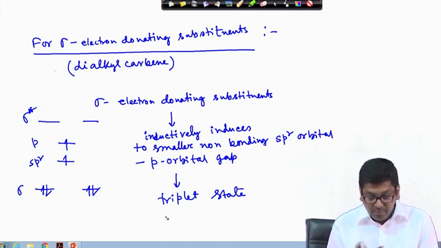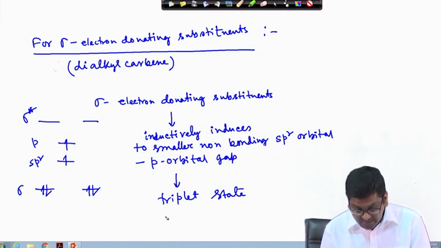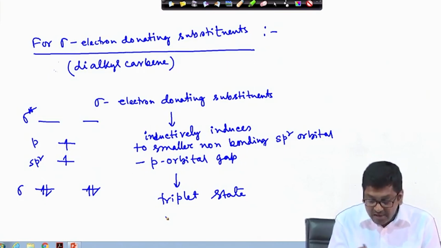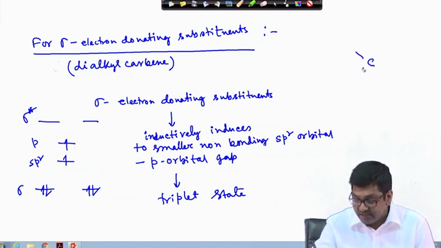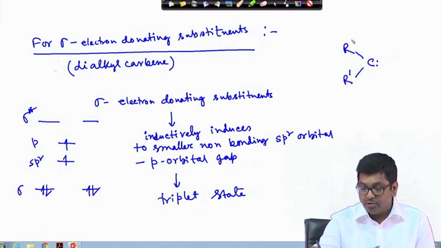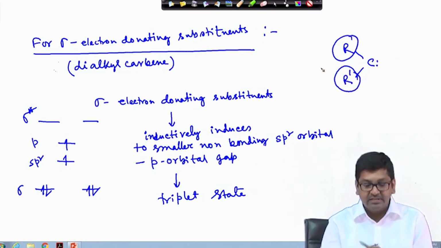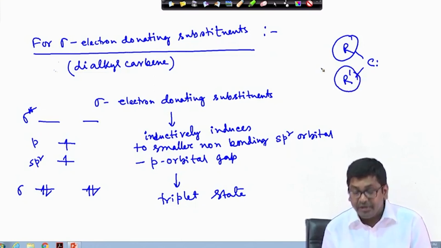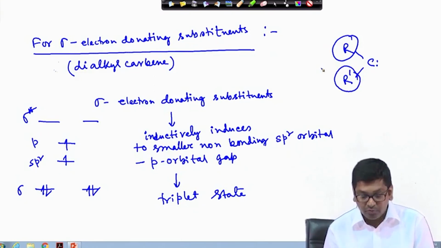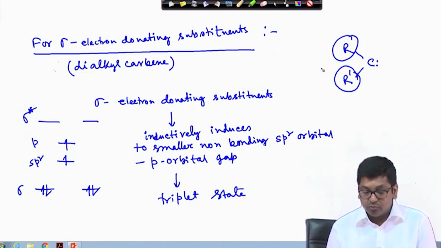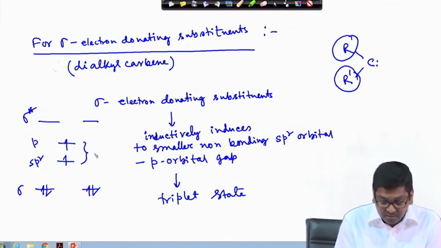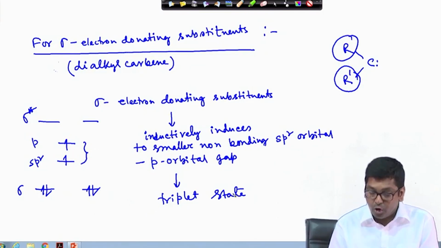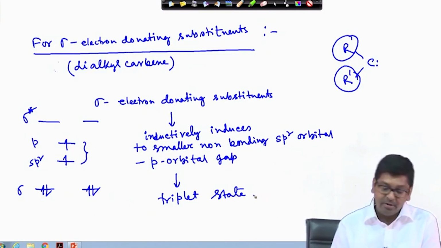Due to the presence of these sigma electron donating substituents in the carbenes, let us say like this, if these two are sigma electron donating substituents, for example alkyl groups, they will inductively decrease the gap between the non-bonding sp2 orbital and the p orbital.